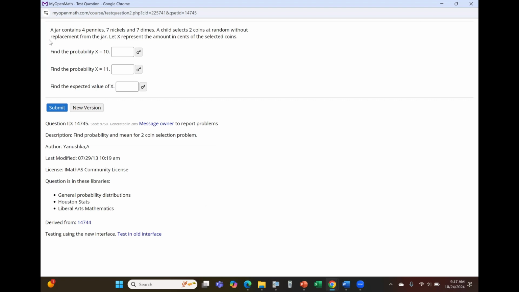So the relative frequency of you getting 2 cents is whatever that probability is. So you can put the values 2, 6, 10, 11, 15, and 20 in one list, and then put the probabilities in the second list because it is a relative frequency. Then you can just find the one variable statistics using that list and that frequency. That was the easiest way to find the expected value, because the expected value is the mean of that distribution.